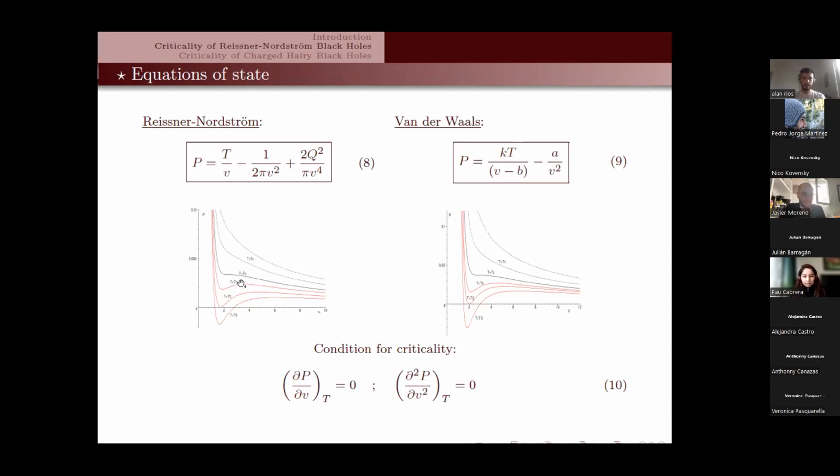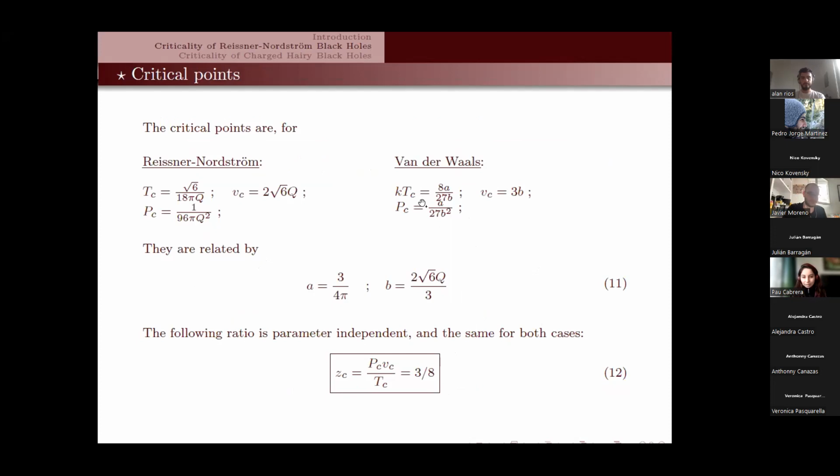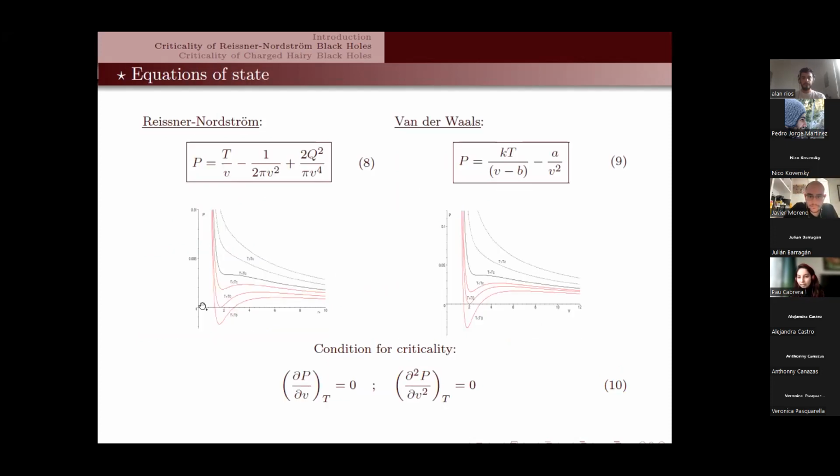And the criticality occurs in the limit when phase transition is starting to happen, described mathematically by this condition, where the critical point is where there is a horizontal line and concavity 0.